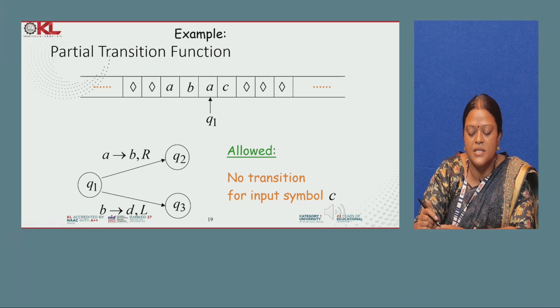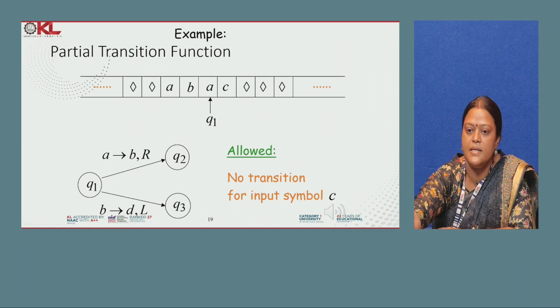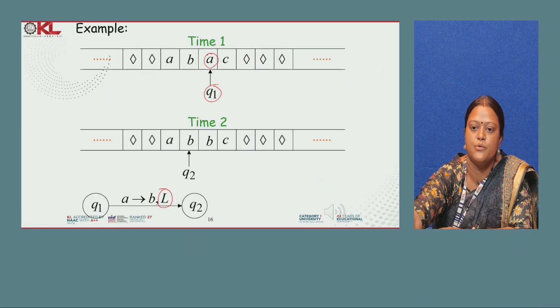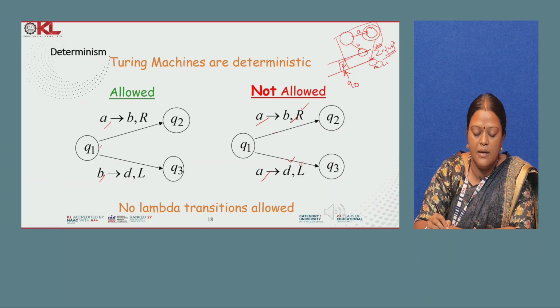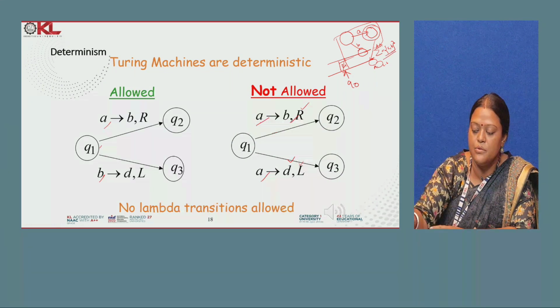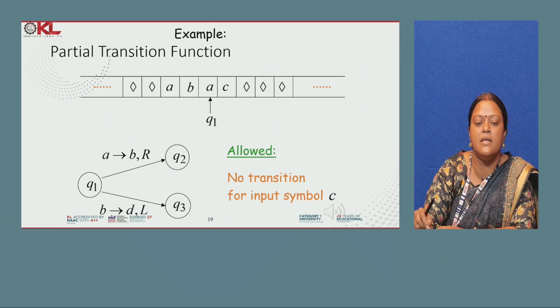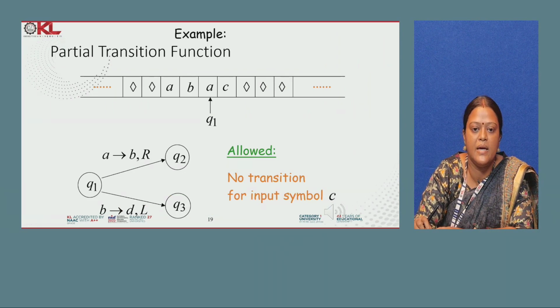Also, a partial transition function is allowed. As I said, in DFA we have to give all the transitions per state for all inputs, but in a Turing machine we don't need to give all the transitions. Suppose here our input tape has a, b, a and c.